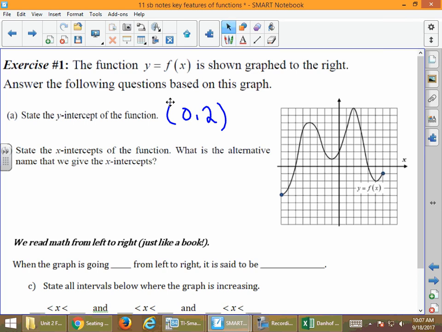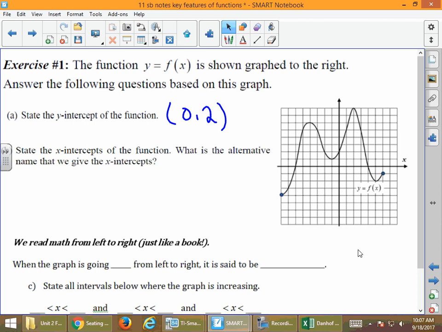If we can find the y-intercept, hopefully we can find the x-intercepts in letter B. As we look, we should notice that there's more than one x-intercept. Do you want us to put the 0 even though the y-coordinate is always going to be 0?